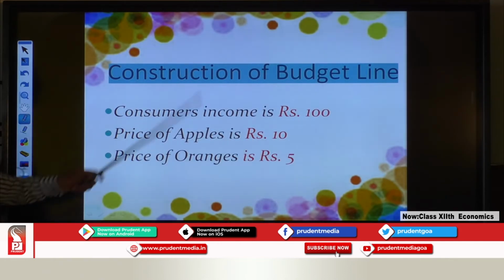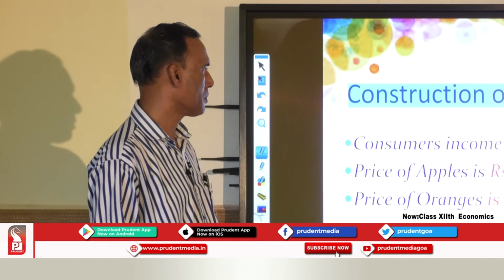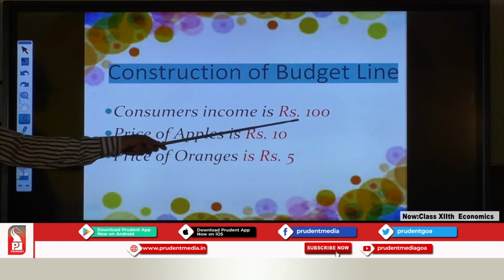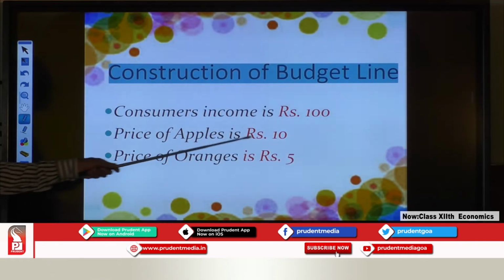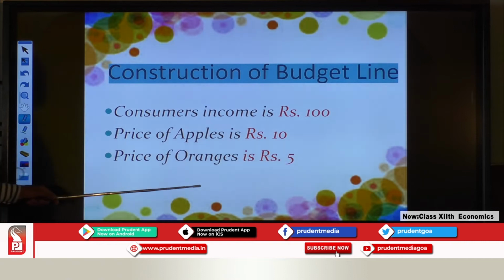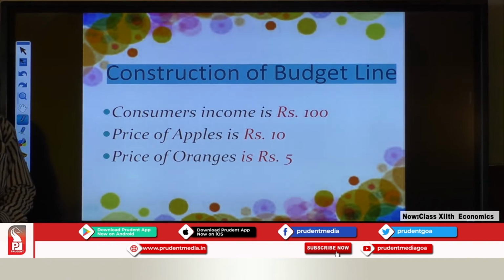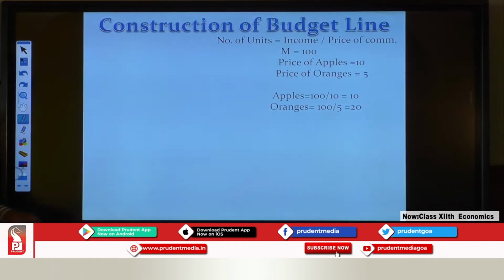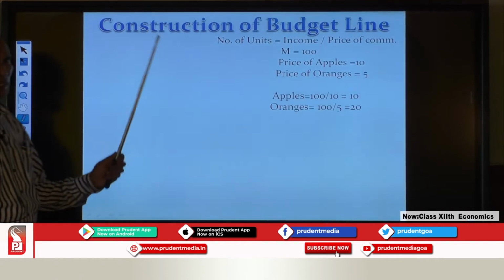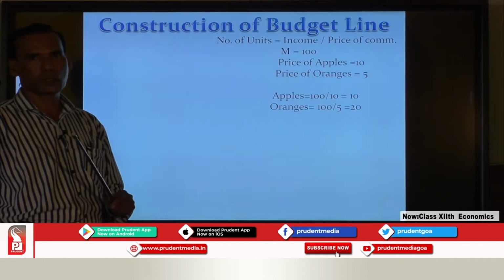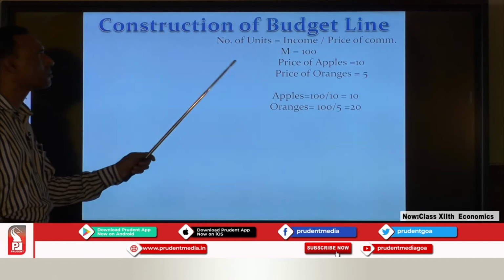Now, construction of budget set. Let us learn here how to construct a budget line. Consumer's income is 100 rupees, price of apples is 10 and price of oranges is 5. Now here you need to do a little calculation.